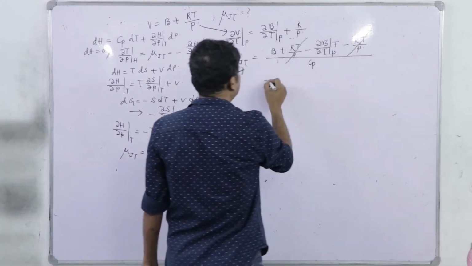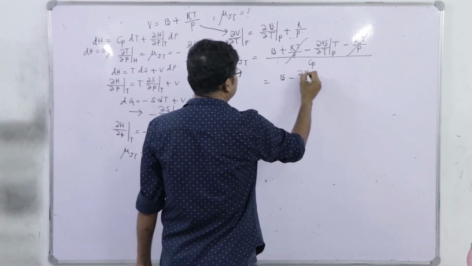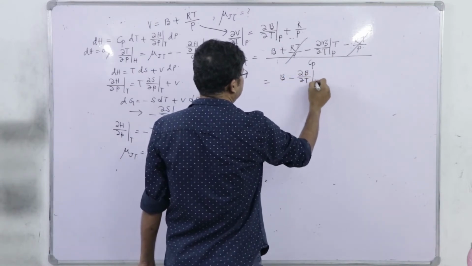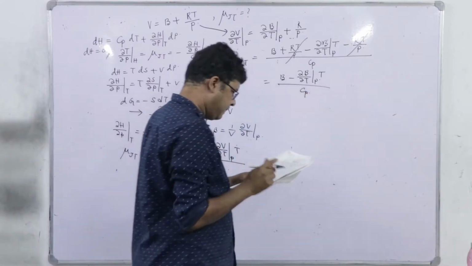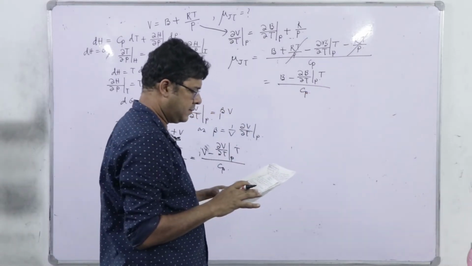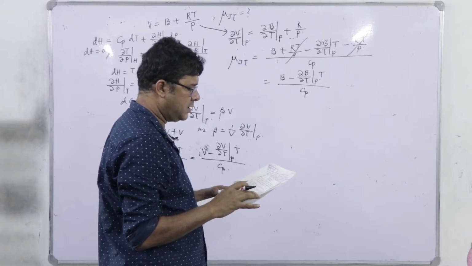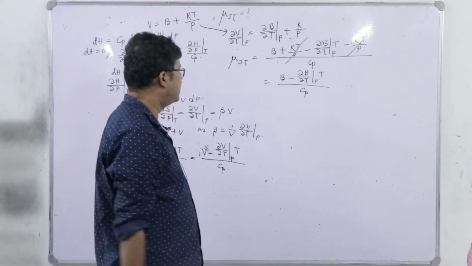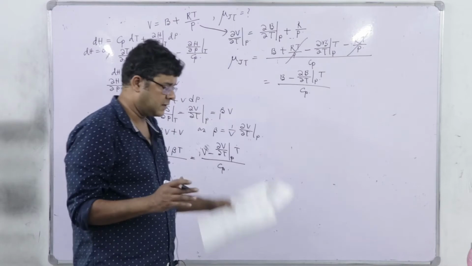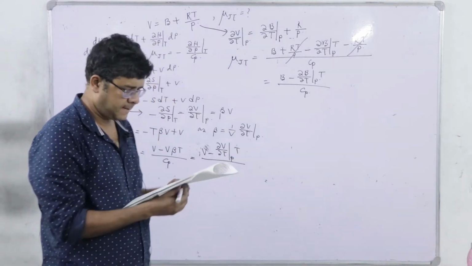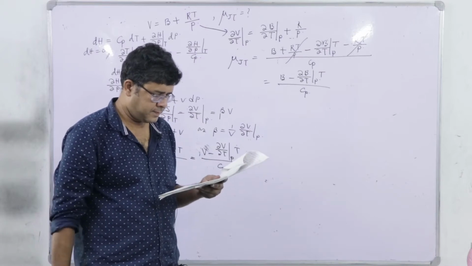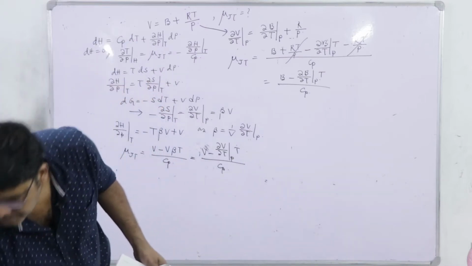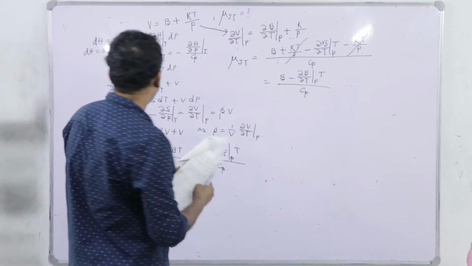So, this cancels out. So, B minus del B del T at constant P into T divided by Cp. B minus T into del B del T at constant P divided by Cp. So, that is the answer. Okay. Next.